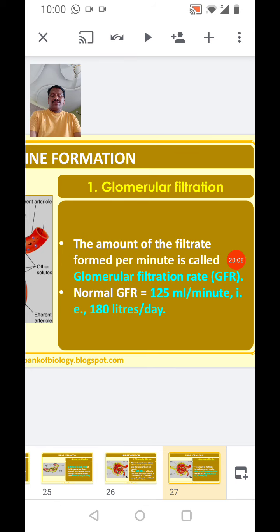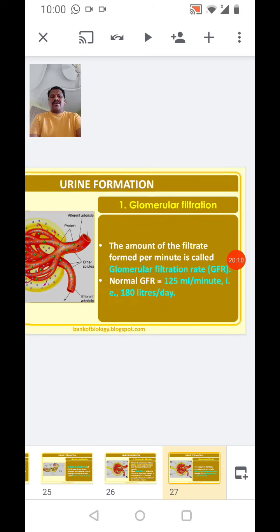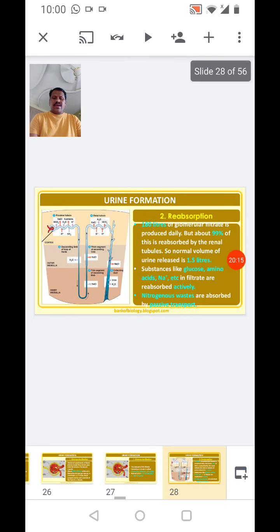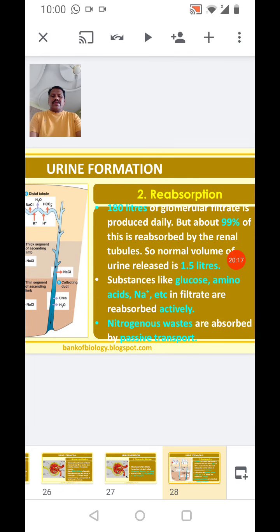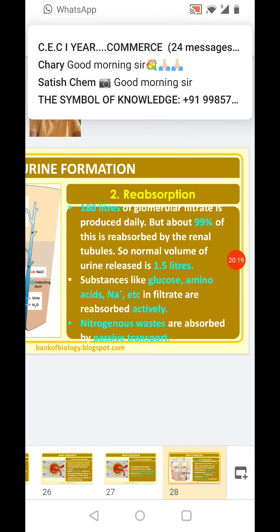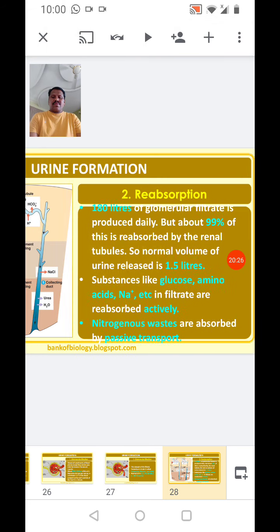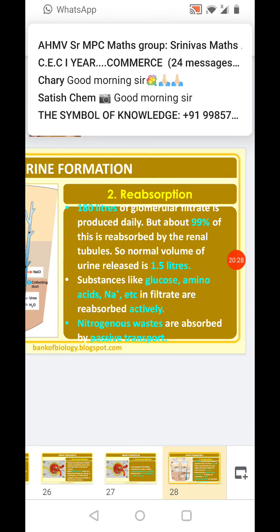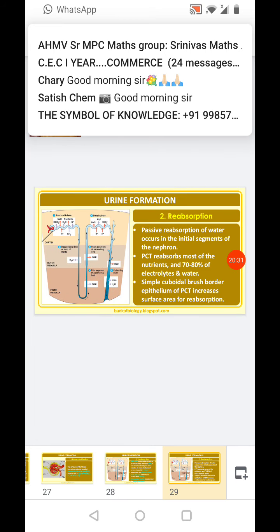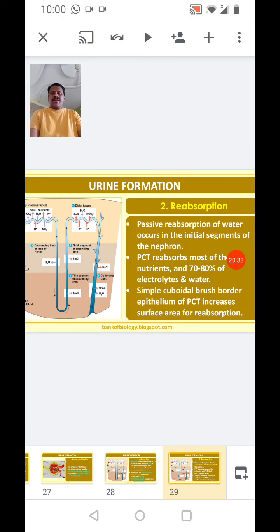Out of this 180 liters, 179 liters is reabsorbed, and finally a healthy person will excrete 1 to 1.5 liters of urine per day. That means of the primary urine formed in the Bowman's capsule, 99% of the content is reabsorbed while passing through the renal tubule.